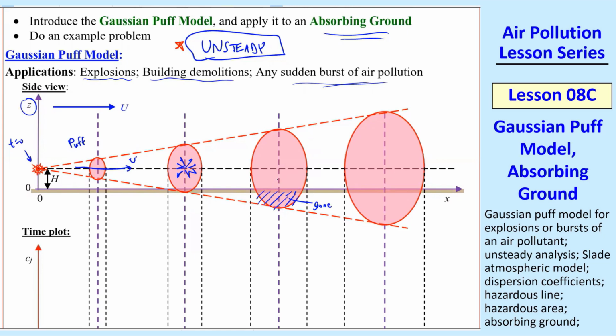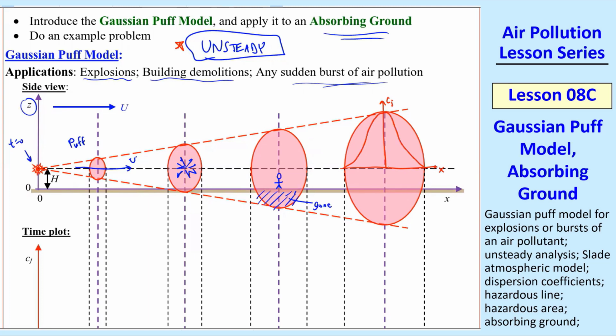And so if you are standing here and you're breathing this puff, what do you see or what do you sense? Well, this is a Gaussian model. So if I plot, in this case, Cj as a function of x, but remember this is also a function of time. So this is changing with time, but at this particular time downwind, I have a Gaussian that will look something like that.